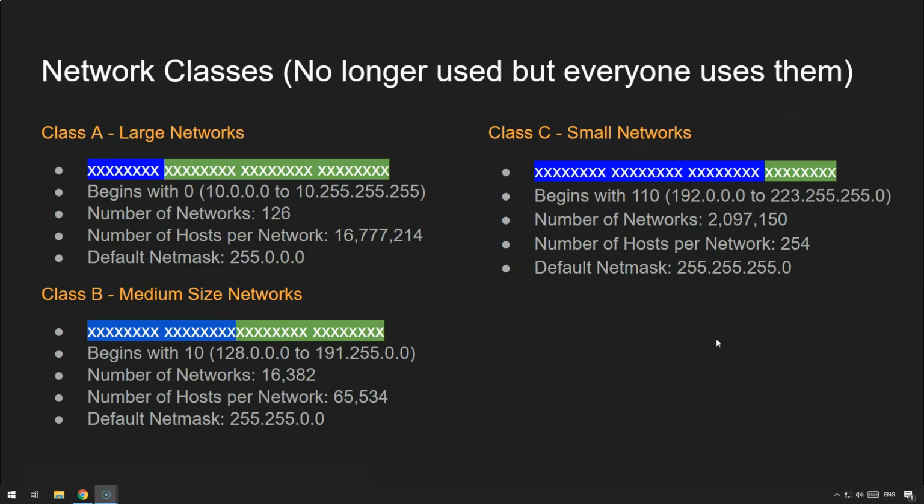So it's generally not a good idea to make network subnets too large.